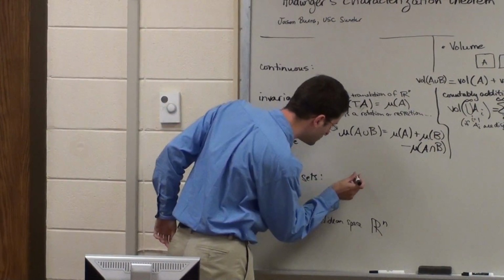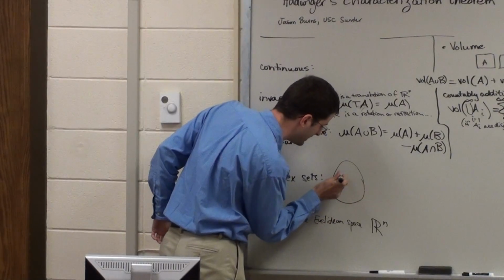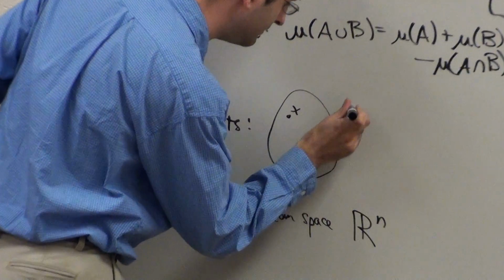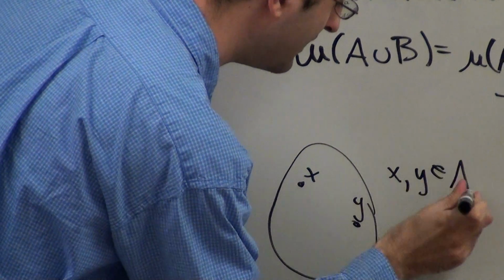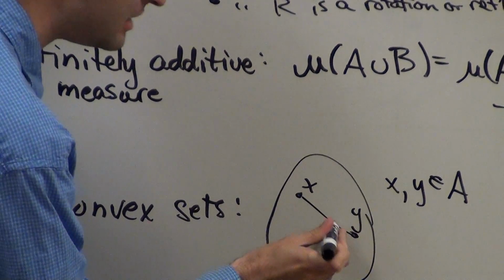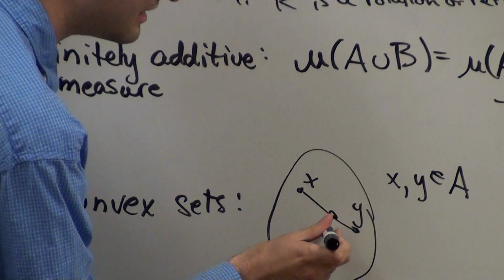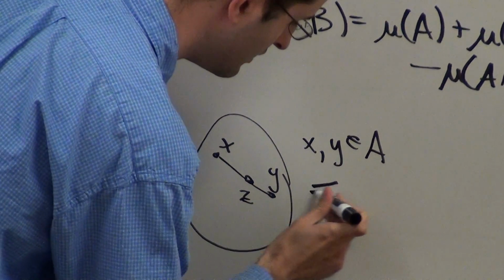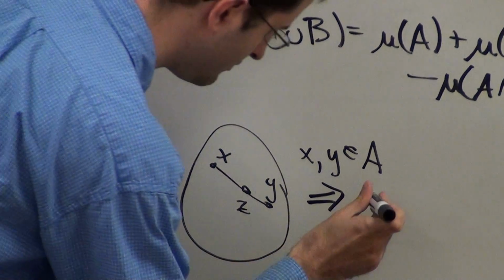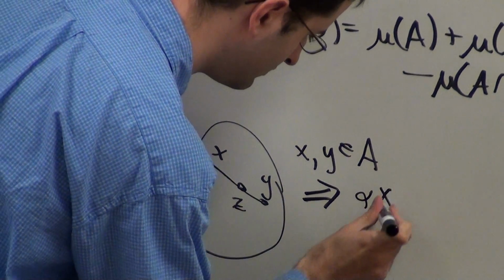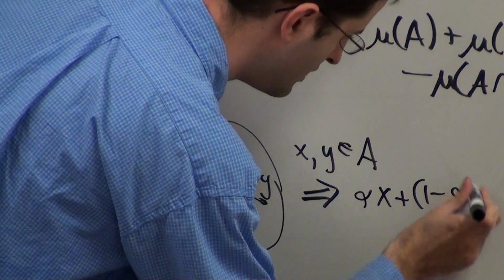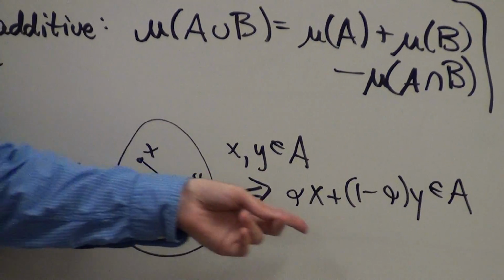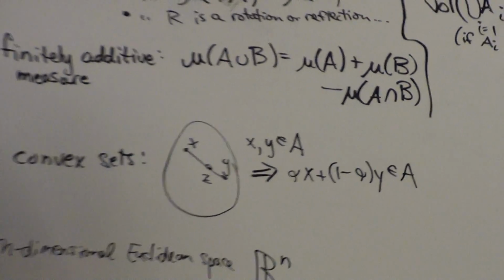So convex sets, you remember, all that means is if you take 2 points, x and y, in the set, then any point in between x and y is also going to be in the set. So you can take some kind of average of the points.